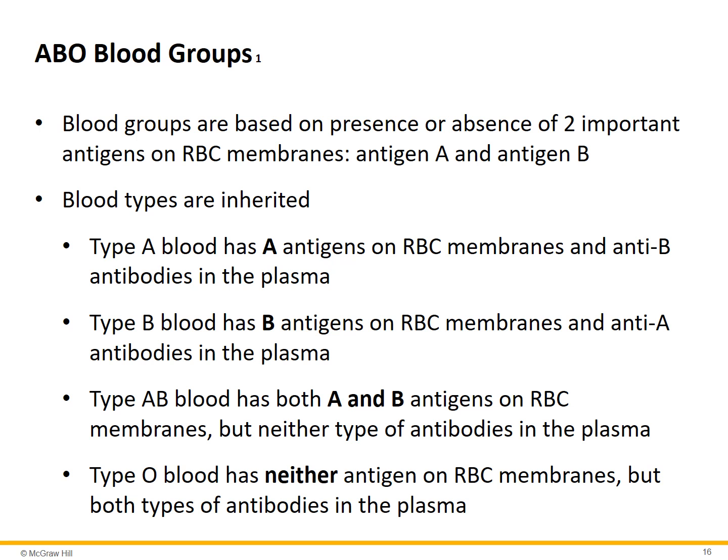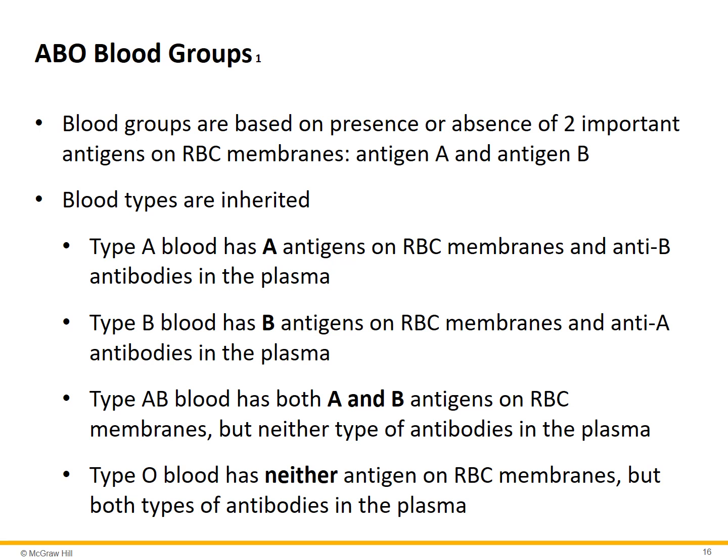So without getting crazy with the genetics, this is also a case of codominance because individuals can be AB, which means they have both types of antigens on their red blood cells. Remember, you're never going to have antibodies to an antigen that you possess. So people that are AB don't have either type of antibodies in their plasma.